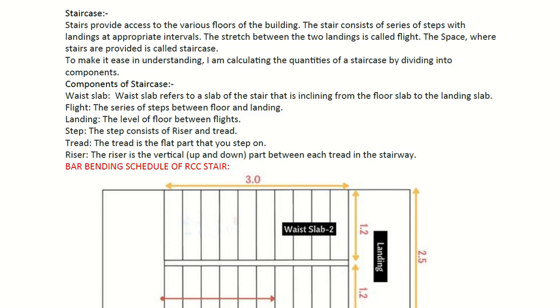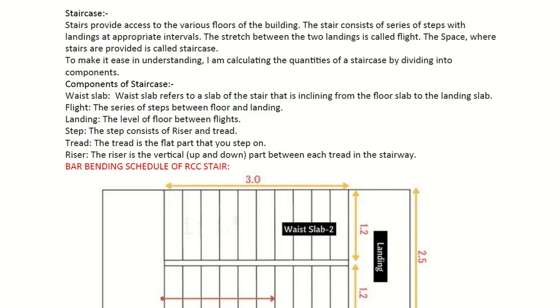A step consists of two parts. One is called a tread, the other is called a riser. Tread is the horizontal part and riser is the vertical part. So this surface is called tread and this surface is called riser.